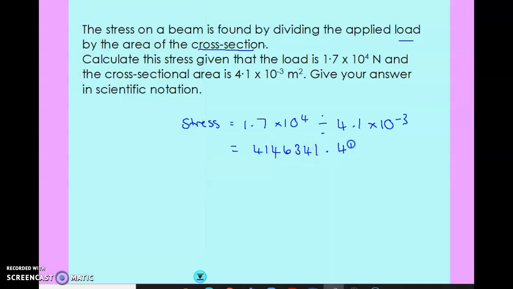I'm asked for an answer in scientific notation. I'm not asked to round it any, so I need to keep all these numbers in. So I get 4.146341 times 10 to the power of, see how many spaces I've moved that decimal point. So I've moved it 1, 2, 3, 4, 5, 6 times 10 to the power of 6.